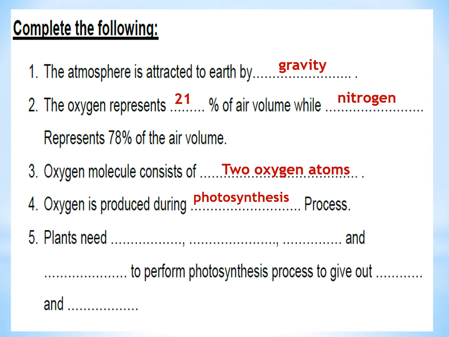Number 5. Plants need space, space, space, and space to perform photosynthesis process, to give out space and space. The answer: plants need carbon dioxide gas, water, minerals, sunlight to perform photosynthesis process, to give out food and oxygen.